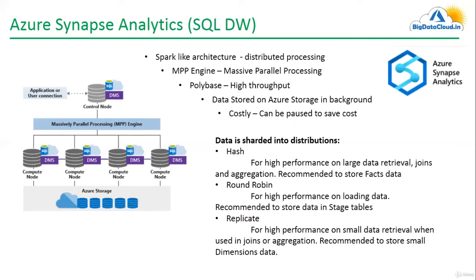So replicate is the way, where we replicate the same data across the nodes so that retrieval for the dimension and then joining or aggregating with the fact is much higher performing. These three kinds of distribution SQL Data Warehouse offers.